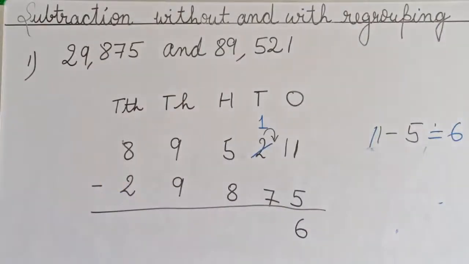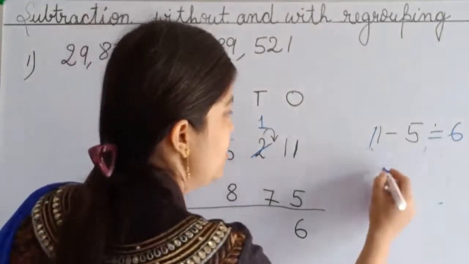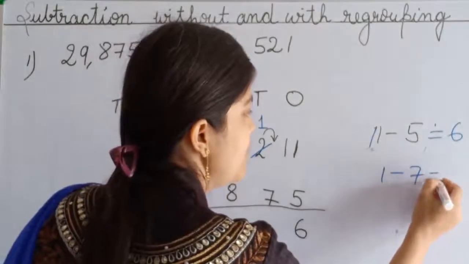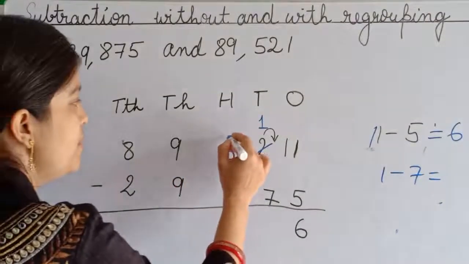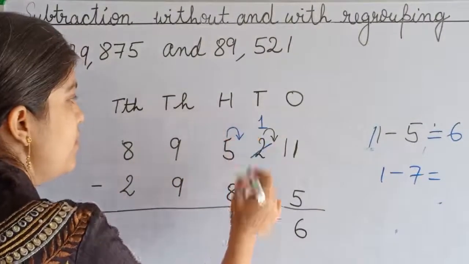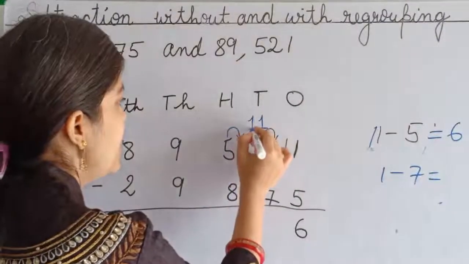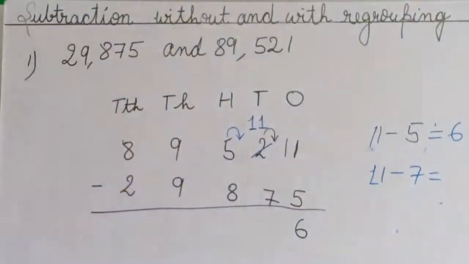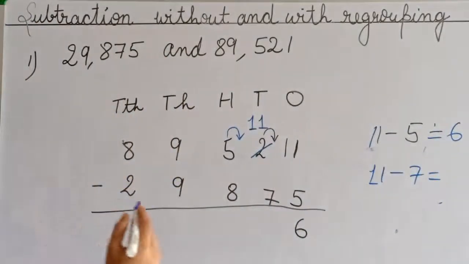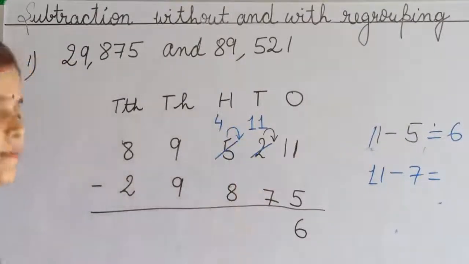Now again, it is not possible to subtract 7 from 1. Is it possible? No. Again, this will borrow 100 from here and it will become 11 tens. Now it is possible: 11 minus 7. And this 5, after giving 1, this 500 will become 400.